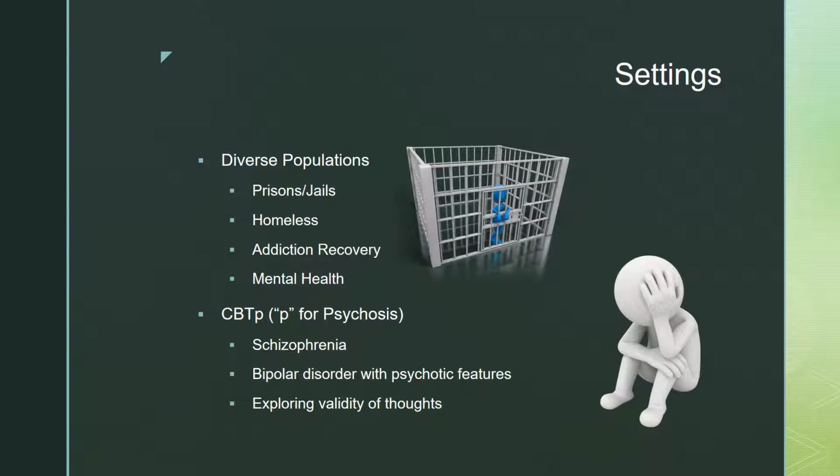Clinicians are finding that CBTp allows individuals an opportunity to explore the validity of their bizarre thought content associated with psychoticism. There are a few barriers to where cognitive theory can be used. The criminal justice system, homeless shelters and camps, addiction programs, and community health centers are all places where cognitive theory can be applied.